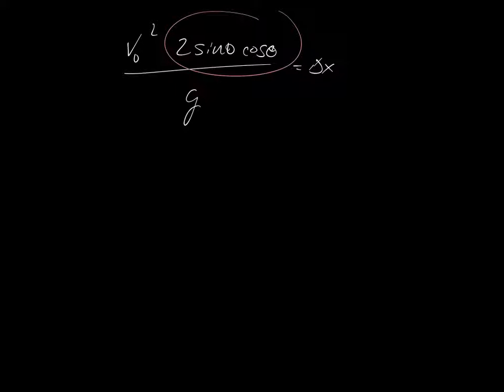And when all is said and done, what I had was v naught squared 2 sine theta cosine theta over acceleration due to gravity is my range. Now, replacing with the double angle right there, what I end up with is the range of a projectile.